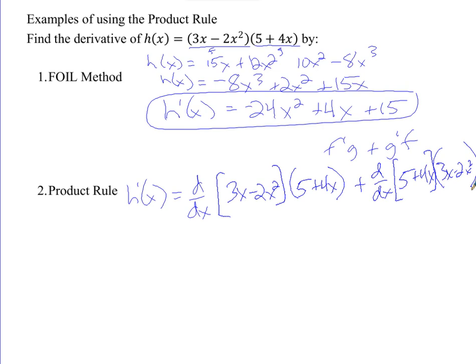Down the road, we won't have to do that. We'll be able to do this entire problem in our head. So that's h prime of x equals. Now we can take the derivative. That's what this says right here. Take the derivative of that piece. What do we get? 3 minus 4x times that.